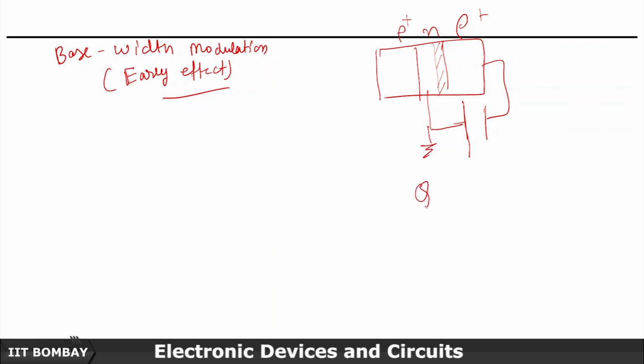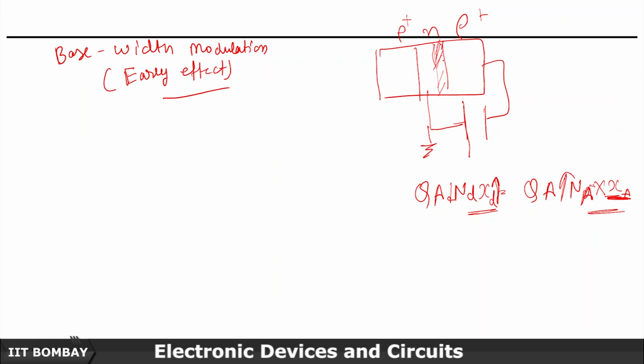So Q = A·q·NA·XA on one side and A·q·ND·XD on the other, assuming the area is the same. Here ND is small, so XD has to be much larger, because NA here is much larger. So XA would be much smaller. So this is the case.